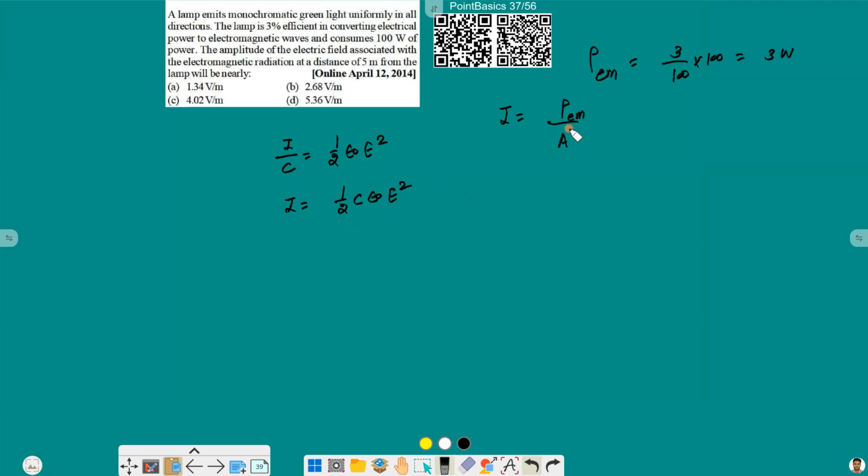Now equating both of these two, from these we can form a formula for the electric field. So the electric field will be equal to under root of 2 P_EM divided by C epsilon naught into area, whole under root.